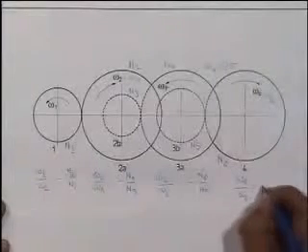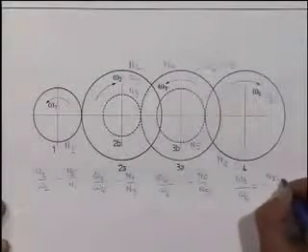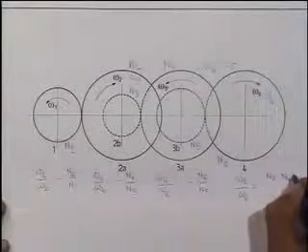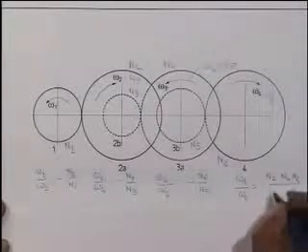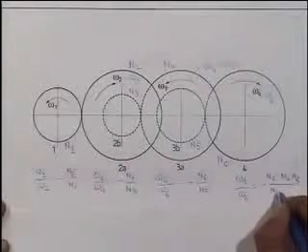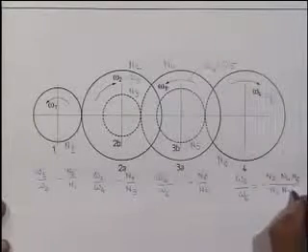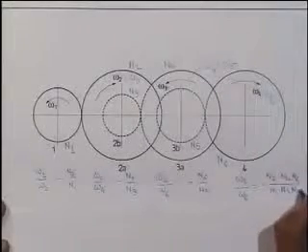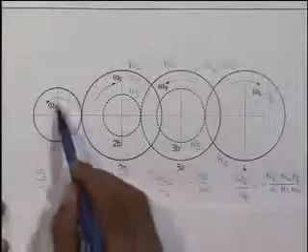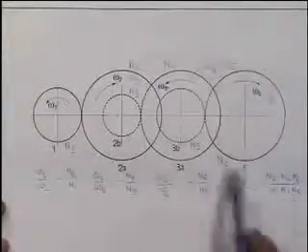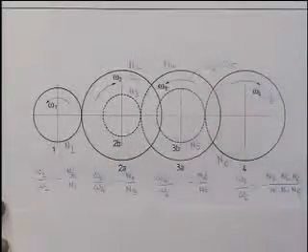Minus minus minus gives me minus, and here I have N2, N4, N6 divided by N1, N3, N5. So input speed by output speed, negative sign implies they are in opposite direction, and they are governed by the number of teeth on all of these gears in this compound gear train.